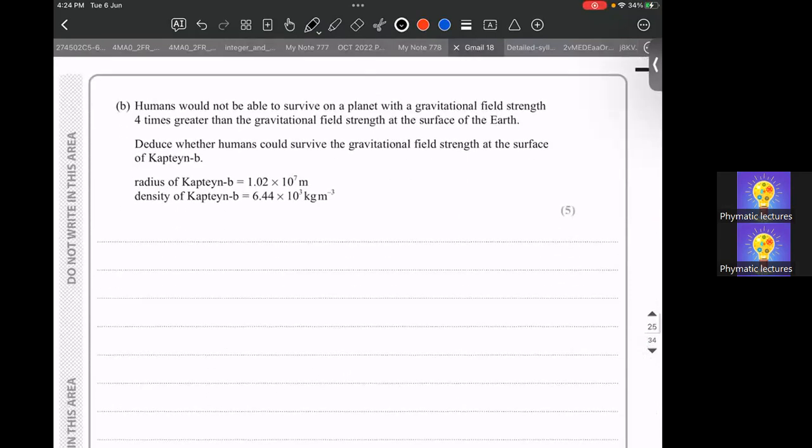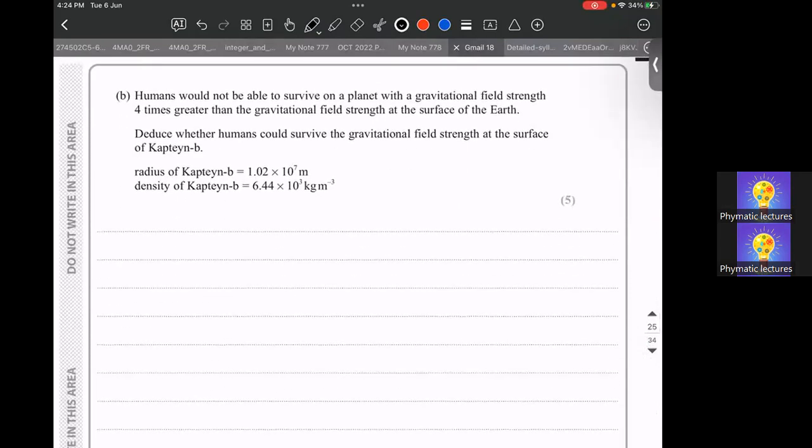Okay, the last part of this. Humans would not be able to survive on a planet with a gravitational field strength 4 times greater than the gravitational field strength at the surface of the Earth. Deduce whether humans could survive the gravitational field strength at the surface of the planet. How will you do this? The radius and the density are given.